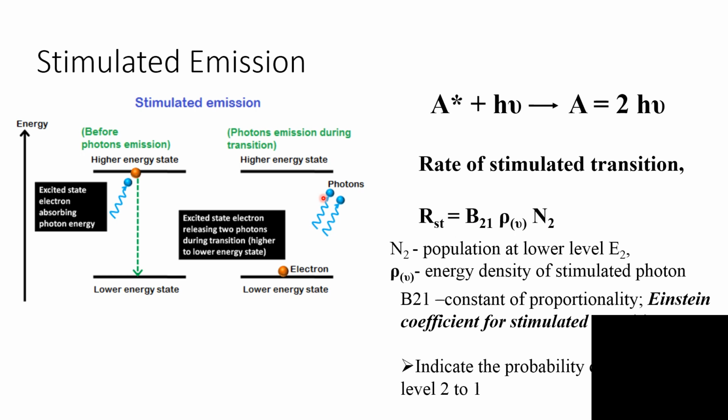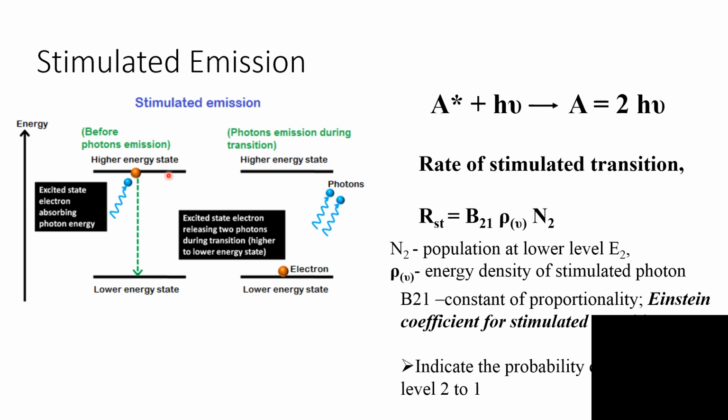So stimulated emission will increase if the density of incoming photons increases. If we get very low intensity photons, then stimulated emission will not happen. So we need a proper energy of this photon. Next, if we have high population at this energy level, then many stimulated emissions will happen.